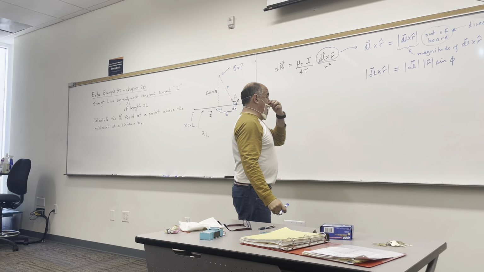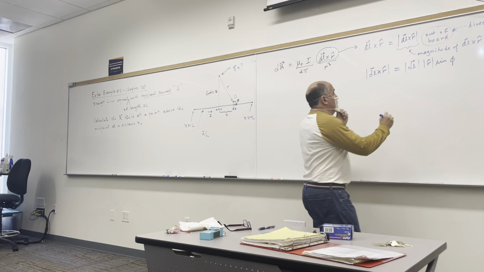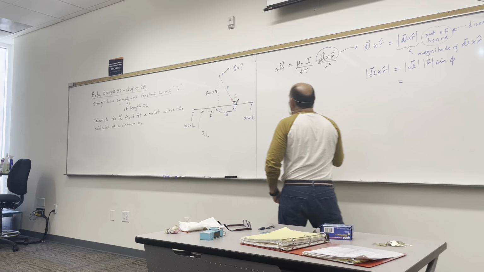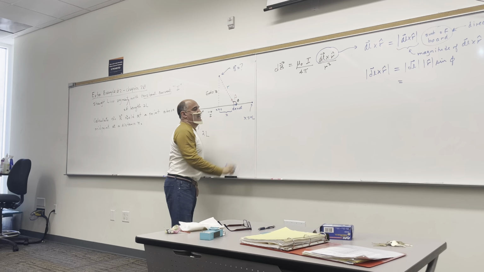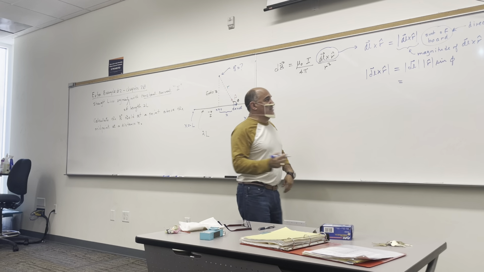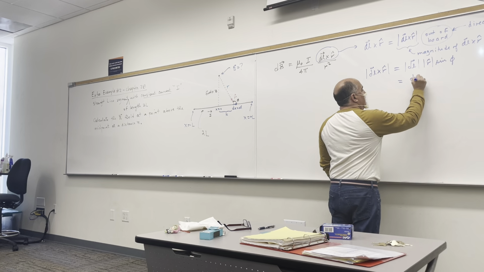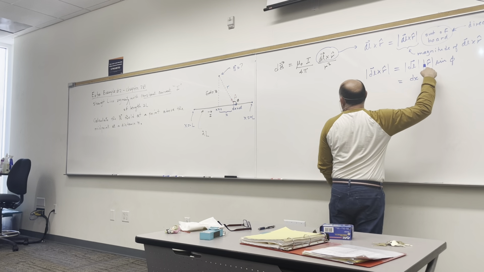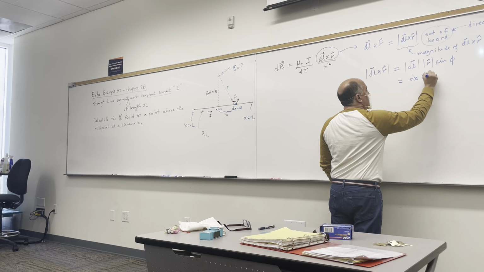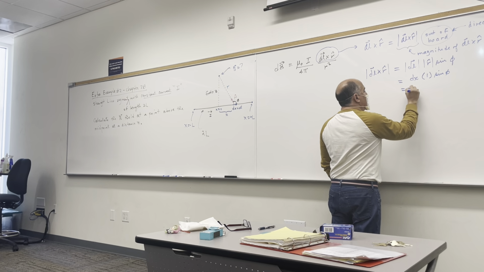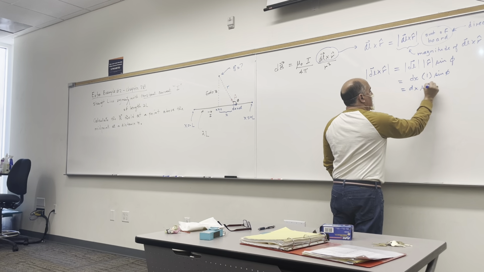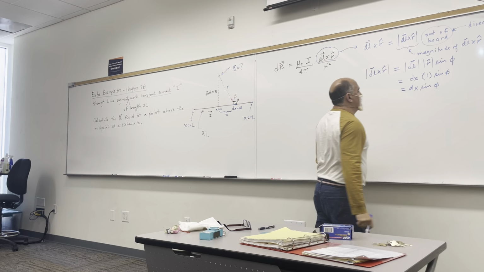Right. Now, what is the magnitude of this? You know, this would be like the dl over here. The magnitude of that is just dx. What is the magnitude of the unit vector r hat? 1. And then I have the sine of phi. So this is just dx times the sine of phi.